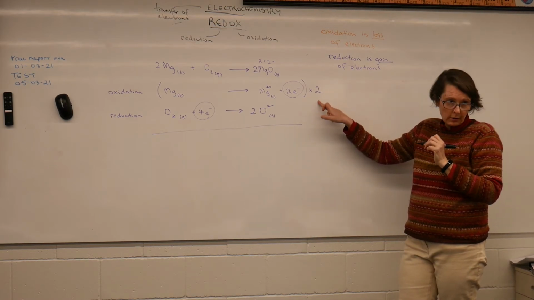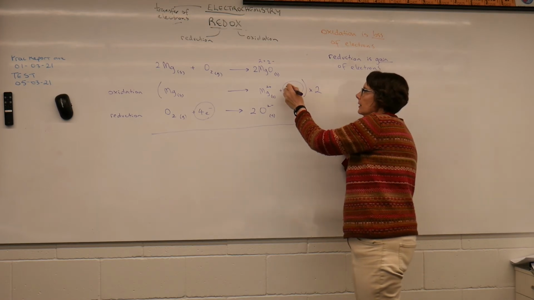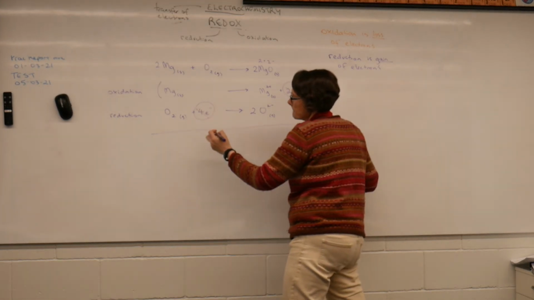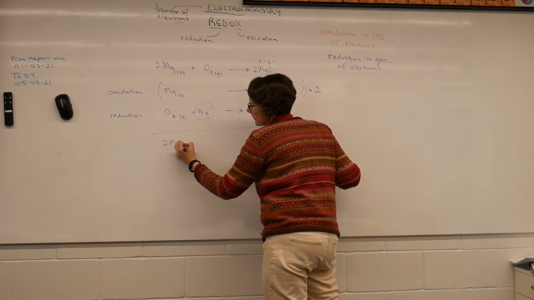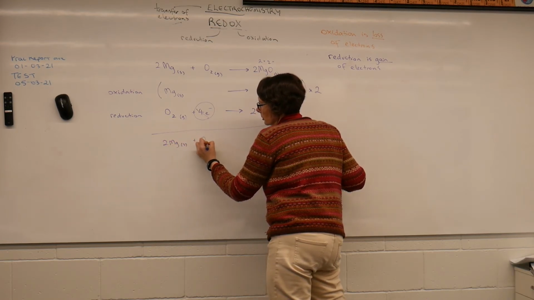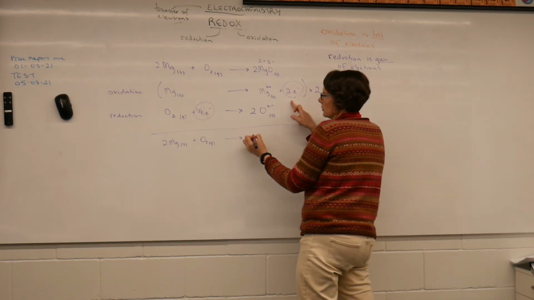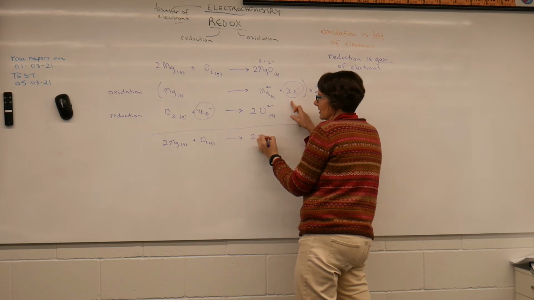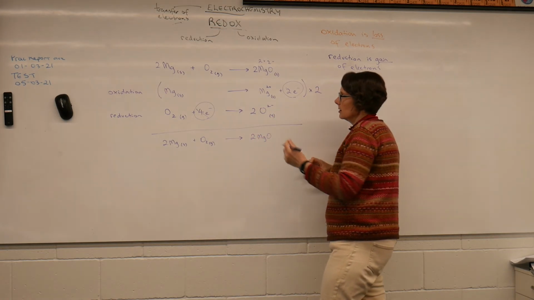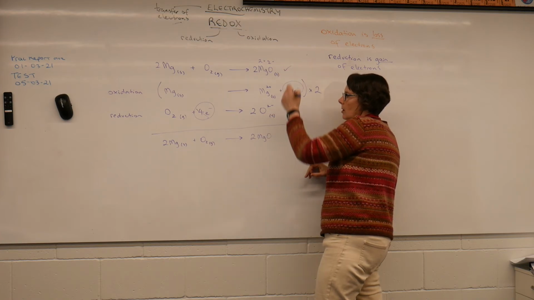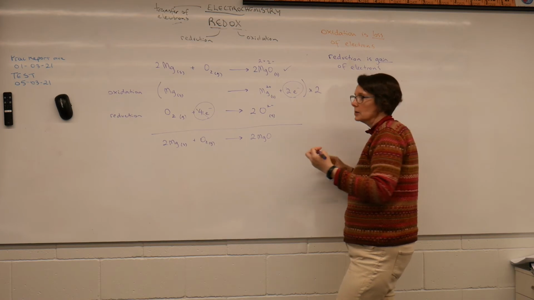Have to remember to do that to everything in the bracket though. That means that my electrons will cancel out. I'm going to need 2 Mg plus O2, and I've got 2 Mgs and oxygens. And that brings me back to my original equation, which was balanced, so it makes sense.